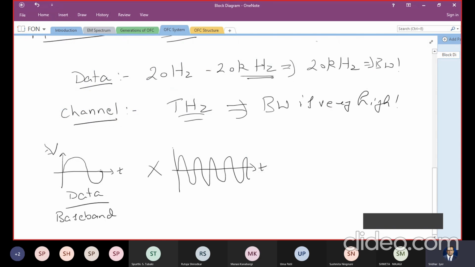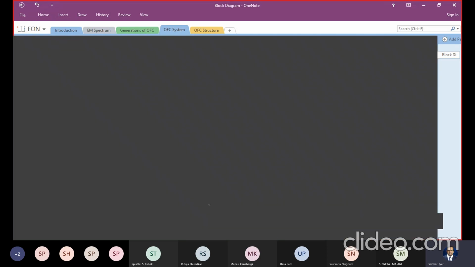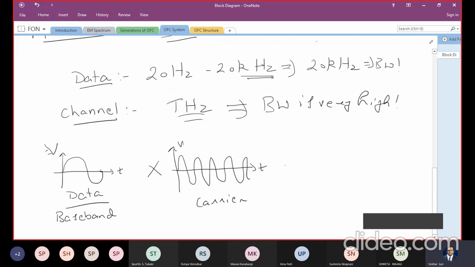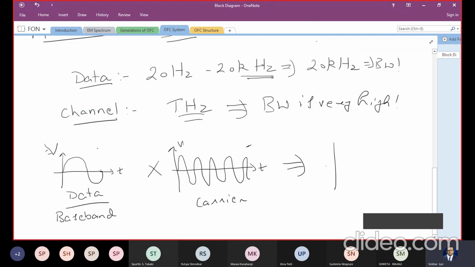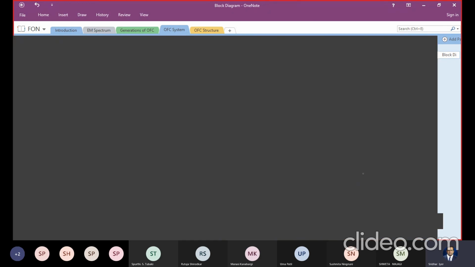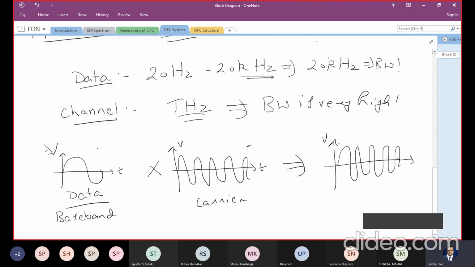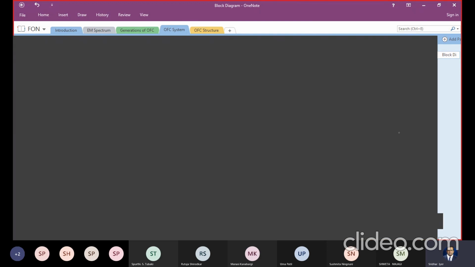This high frequency signal is known as the carrier signal. Once you superimpose these two signals, it is like multiplying a lower number with a higher number. The answer which you get is a higher number. Therefore, what you will get here is a very high frequency modulated signal.